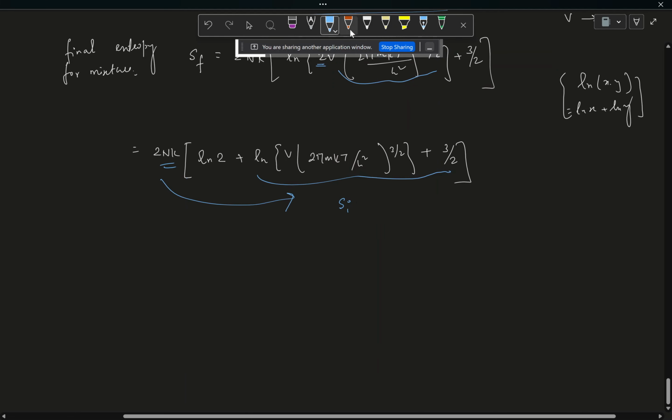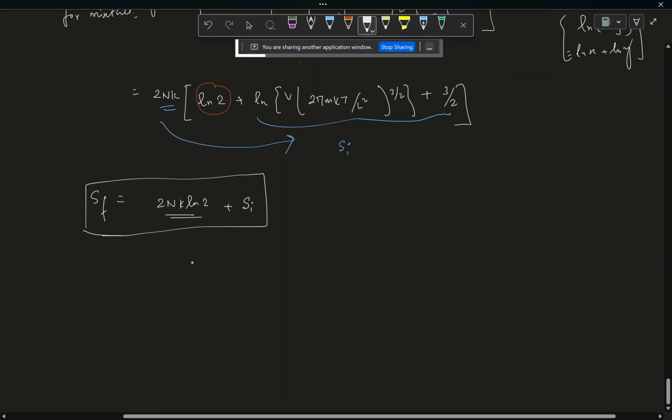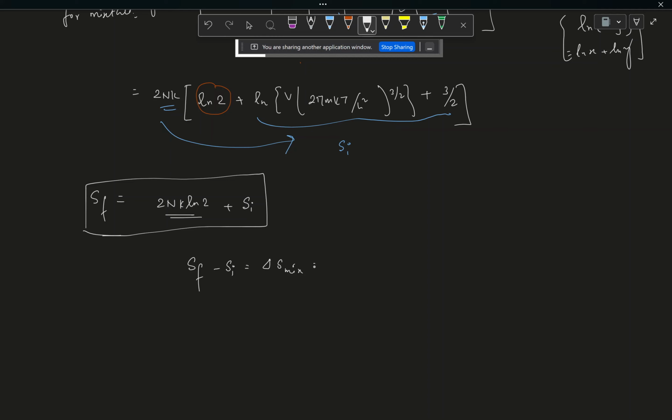But you have an extra term remaining here, which is extra from the S initial contribution, and that we can write as 2nk ln 2 plus the whole other term, which is S initial. So SF is this thing plus S initial. Now this additional term is basically your SF minus S initial, which is your change in entropy because of mixing two same gases, and it is equal to 2nk ln 2.